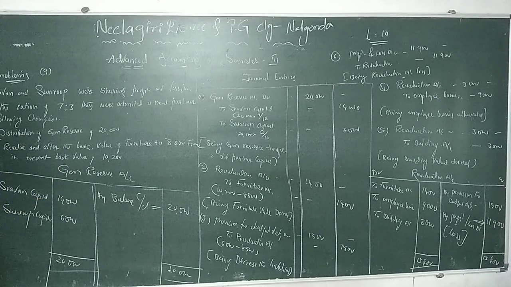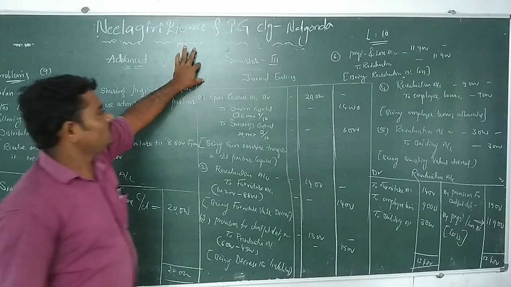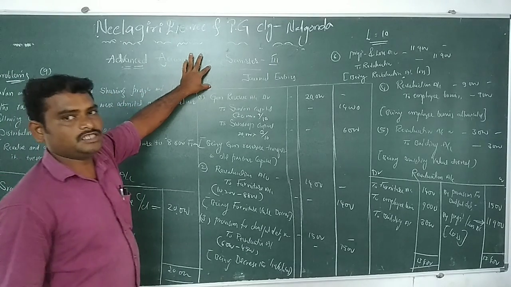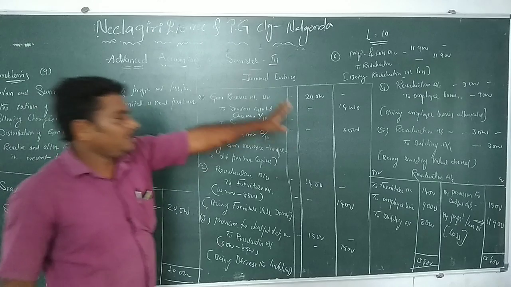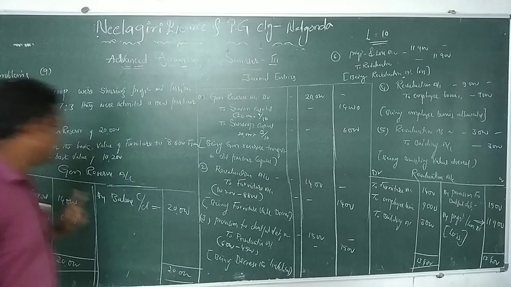In this problem we have to prepare the journal entries, the revaluation account and the general reserve account. First of all we have to write the journal entries. It is a very important thing. When we write the journal entries perfectly, we can simply prepare the revaluation ledger account and the general reserve account.